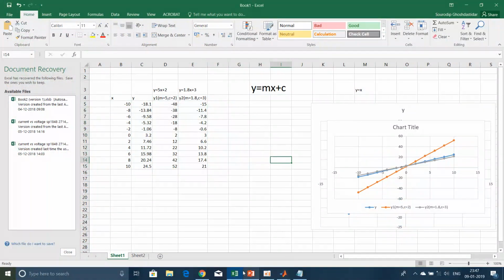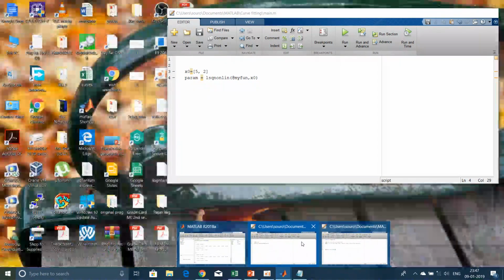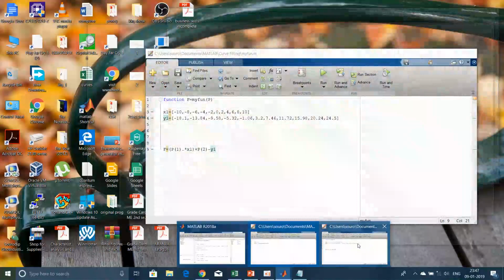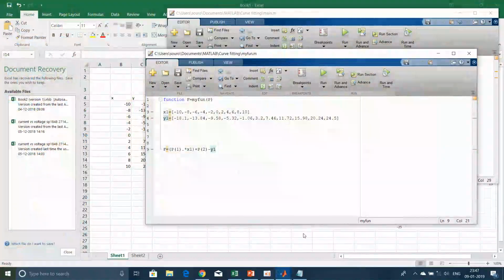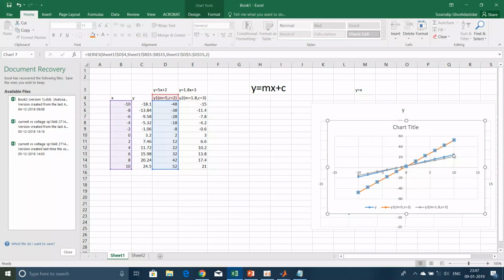There are two important files that we need in order to do the nonlinear least squares. One is the function file. The output of this function is basically the difference between the predicted data and the experimental data, which is the difference between the red line and the blue line, where the red line is basically y is equal to 5x plus 2.